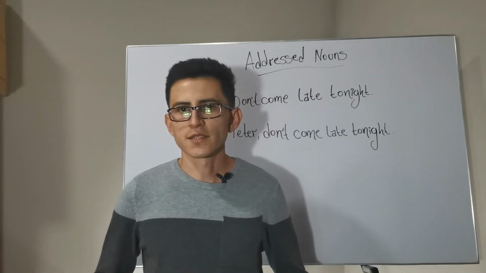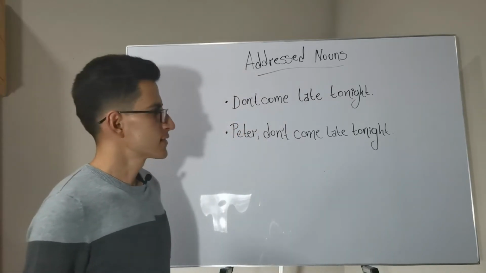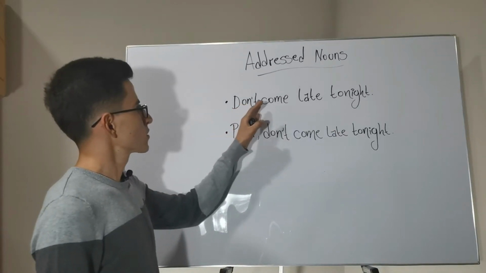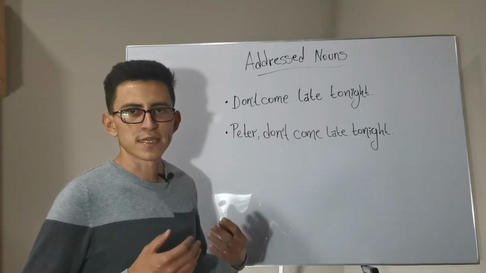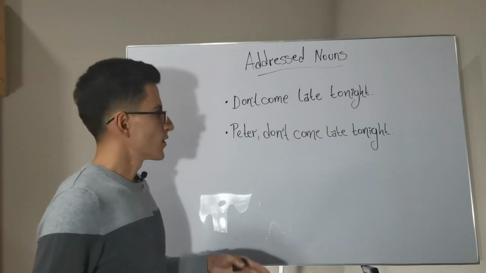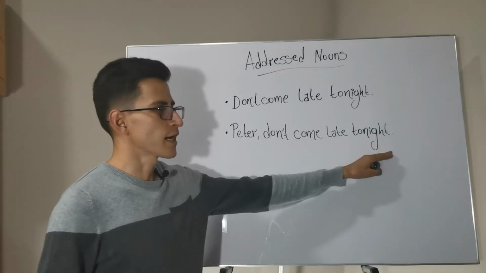We can use an addressed noun before giving a command. Let's see this sentence that I have here. Don't come late tonight. We can add an addressed noun to address the person directly. We can say, Peter, don't come late tonight.